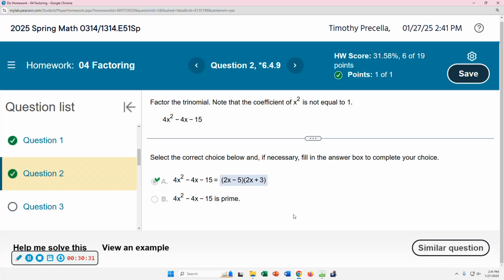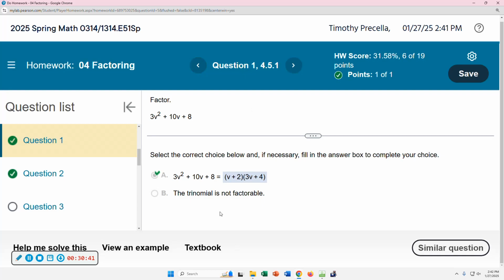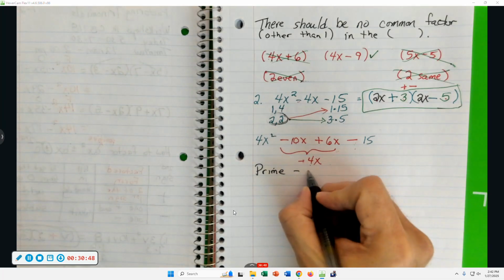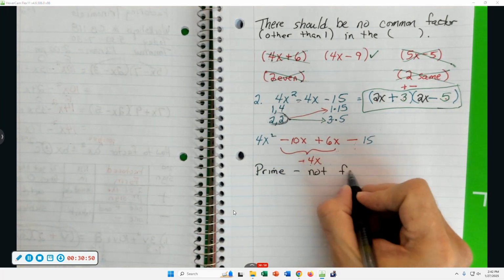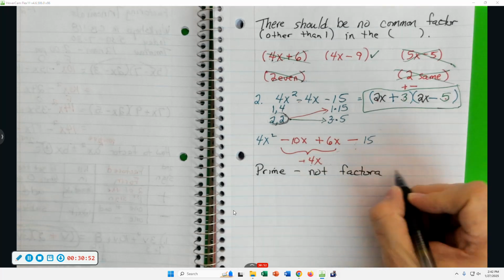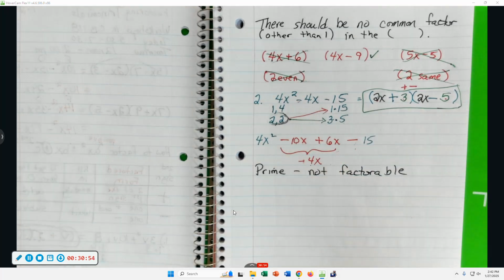Now, you'll notice, look at problems 1 and 2. There's an option B where it says "is prime." Go back to number 1, I liked that one better. It says "not factorable." Prime means not factorable, just like prime numbers. 5 is a prime number.